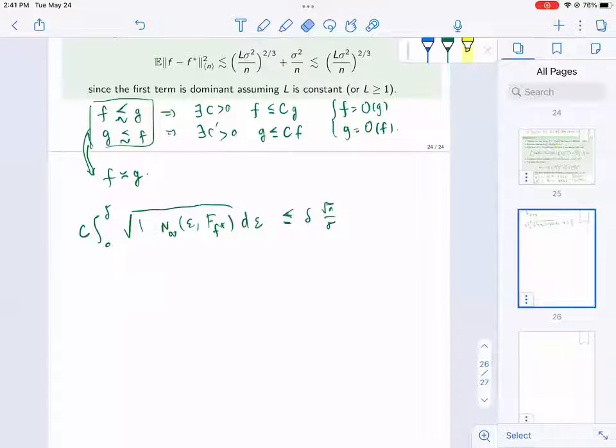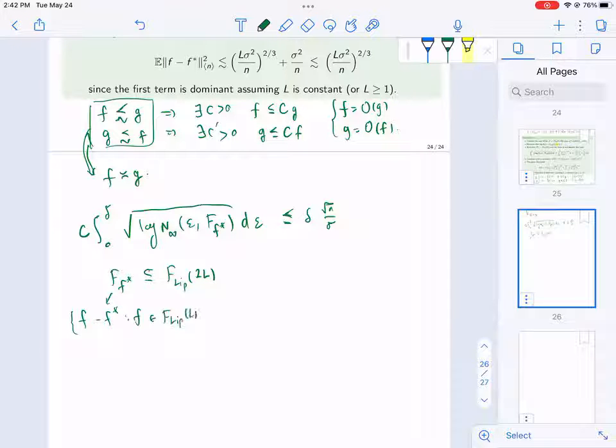I also note that f star belongs to F Lipschitz 2L, because this is the class of all functions that look like this, where f belongs to F Lipschitz L. If I take two Lipschitz functions and subtract them, the difference would be at most 2L Lipschitz.